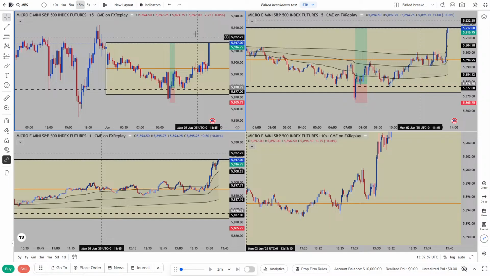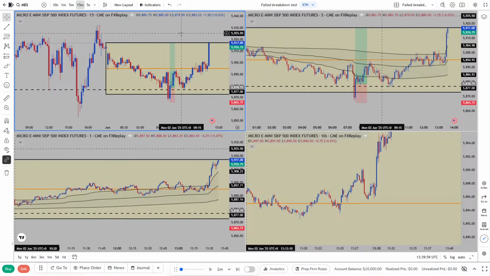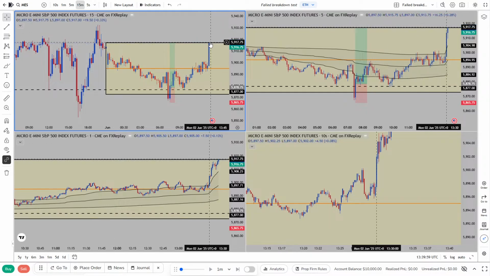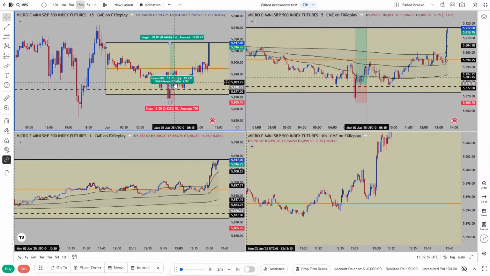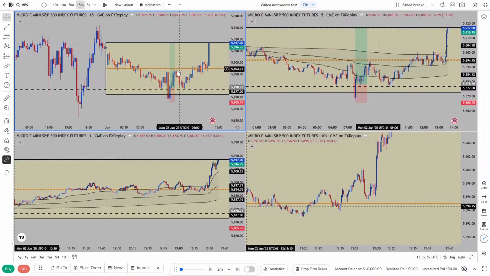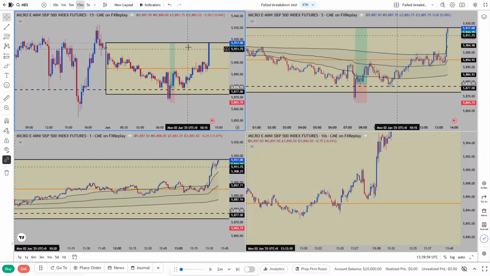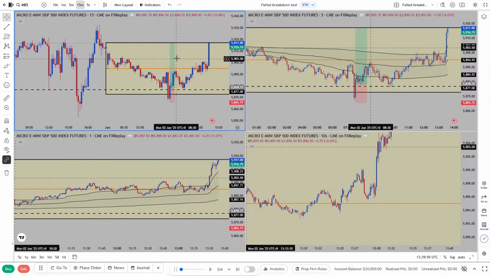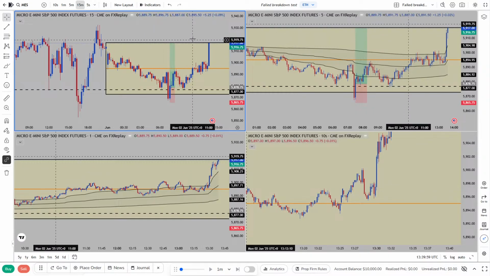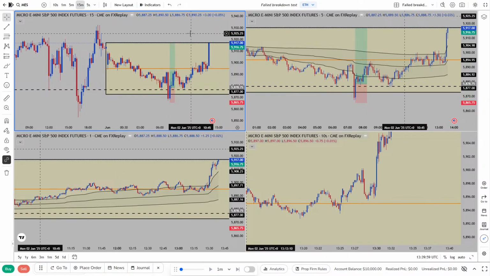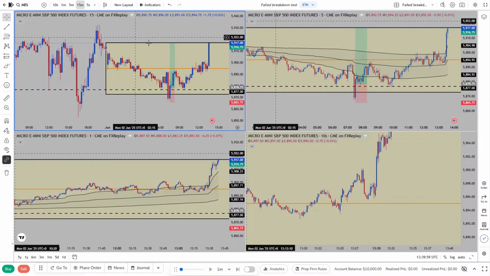The previous DVA high could be a really nice target for a runner, I guess. So the previous DVA VWAP would be the first take profit, the second one could easily be the previous DVA high, and maybe we can leave a runner after that.